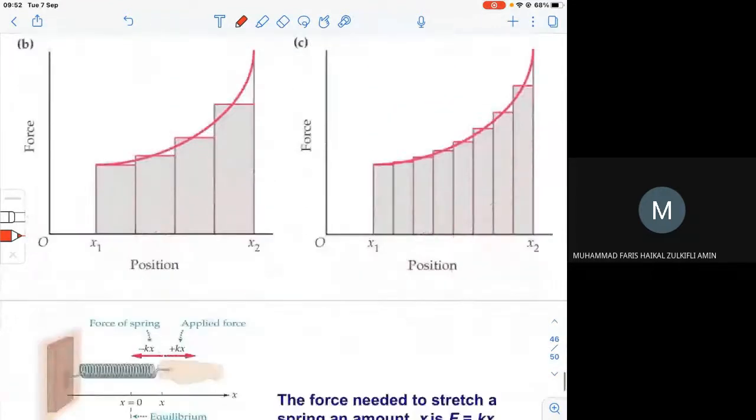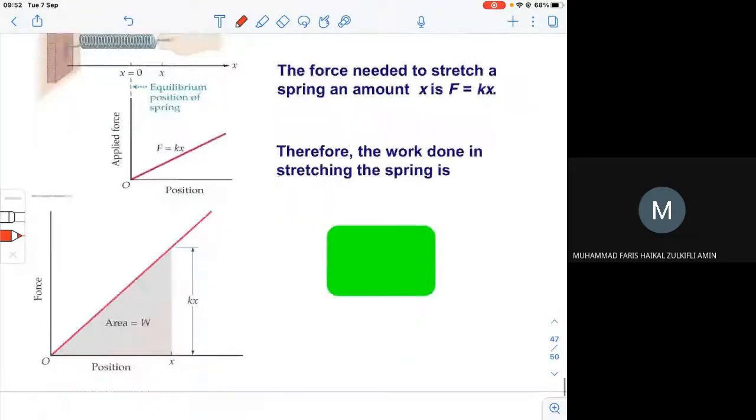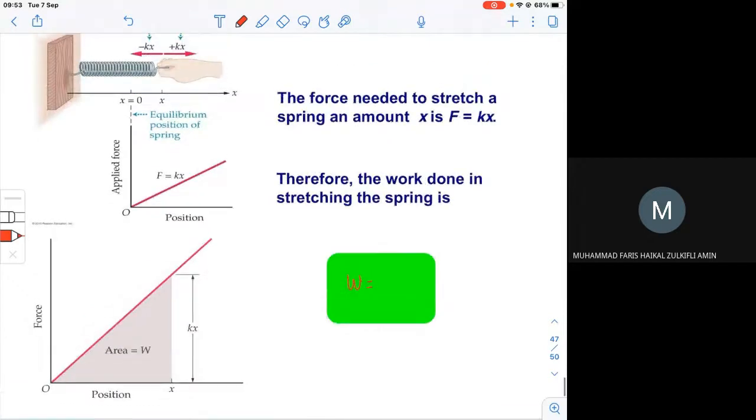from the graph. In this case, we want to highlight that when you see the graph of force against position, from Hooke's law, you can see that the work done is based on half kx squared.